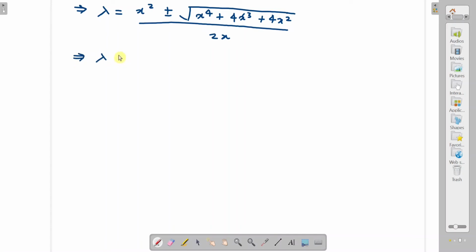So this will imply lambda is equal to x square plus or minus. Now inside the root there is a quantity in which we can take x square common, right? So we will get x square multiplied by x square plus 4 times, from x cube if we take x square common we will remain with x plus 4, right?